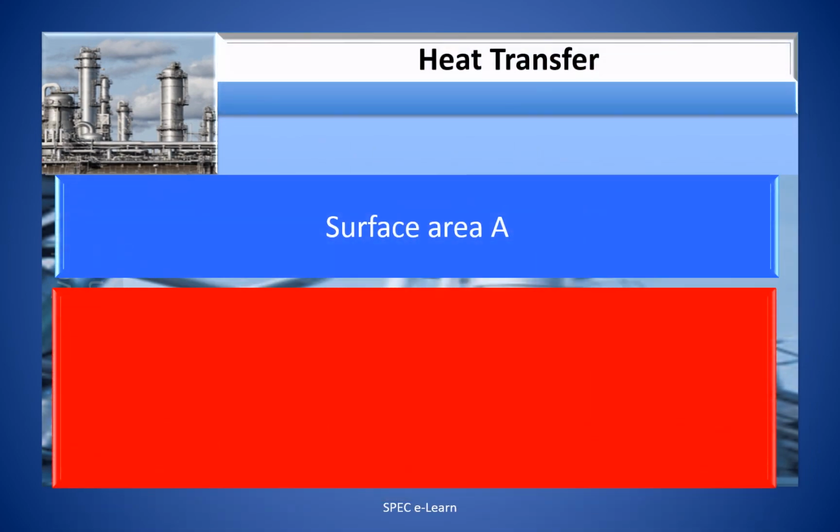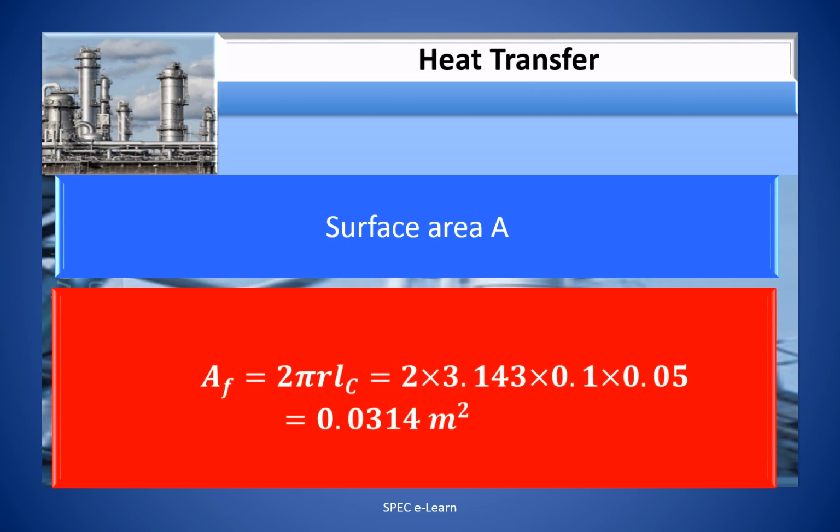Surface area of the pellet is obtained from this formula. Af equal to 2 pi r Lc, which works out to 0.0314 square meter.